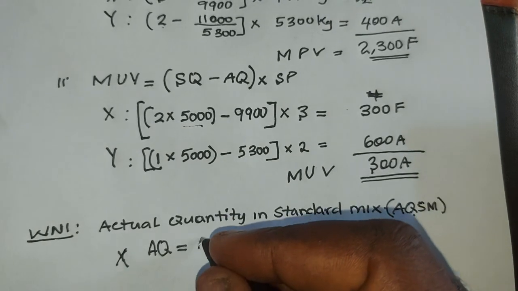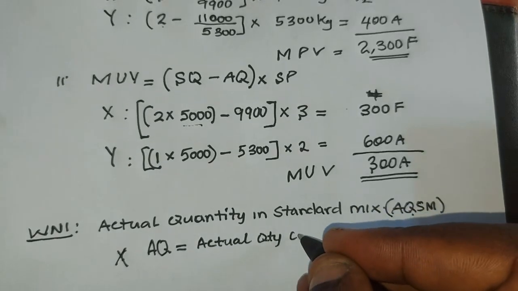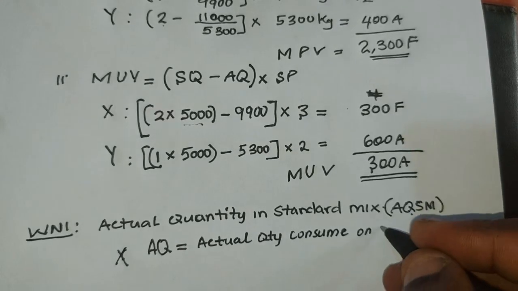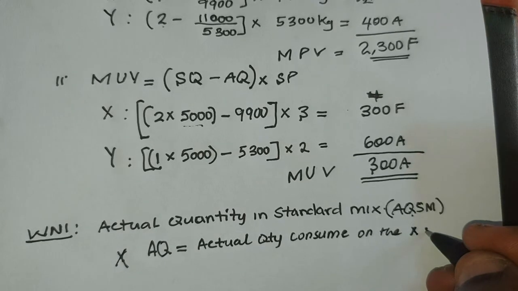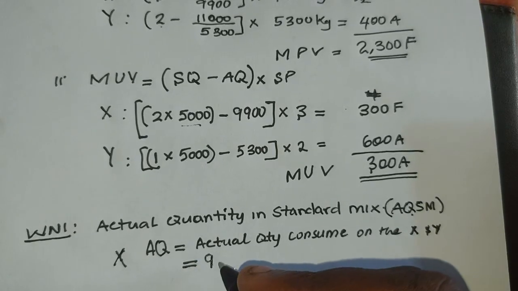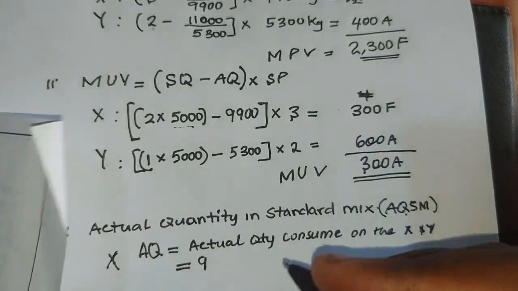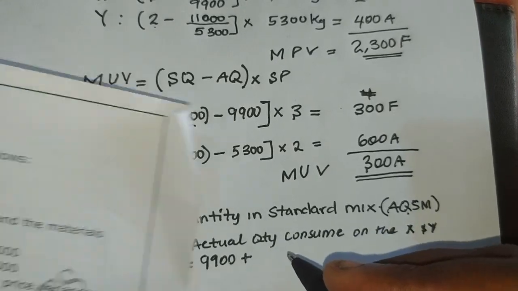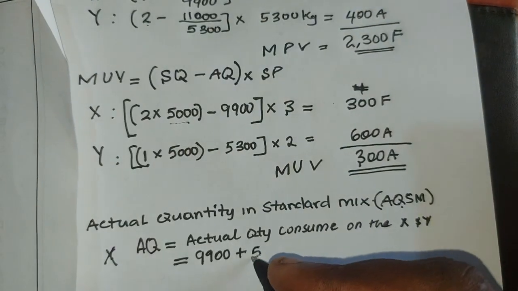So this is the actual quantity consumed on X and Y, which is nothing but 9,900 for X plus for Y is 5,300.